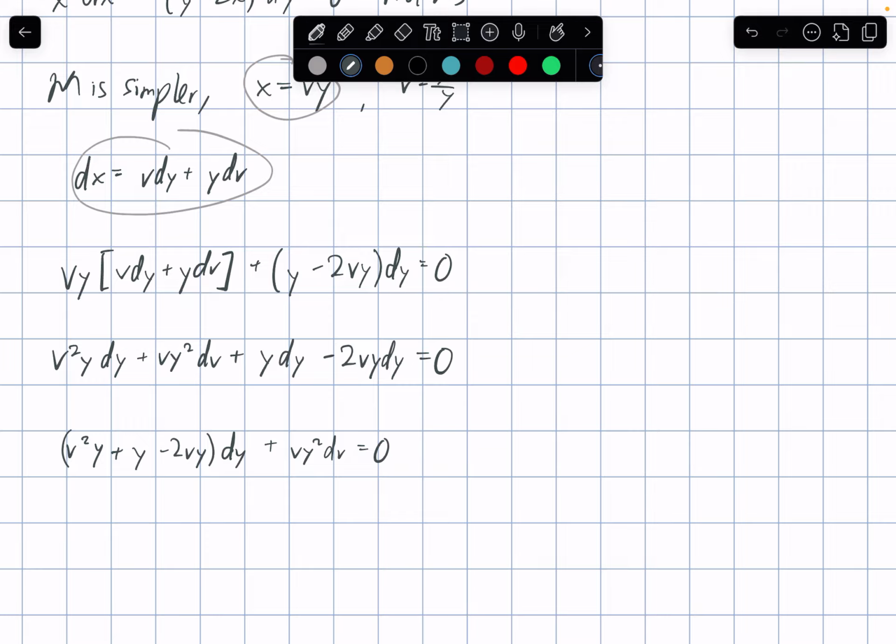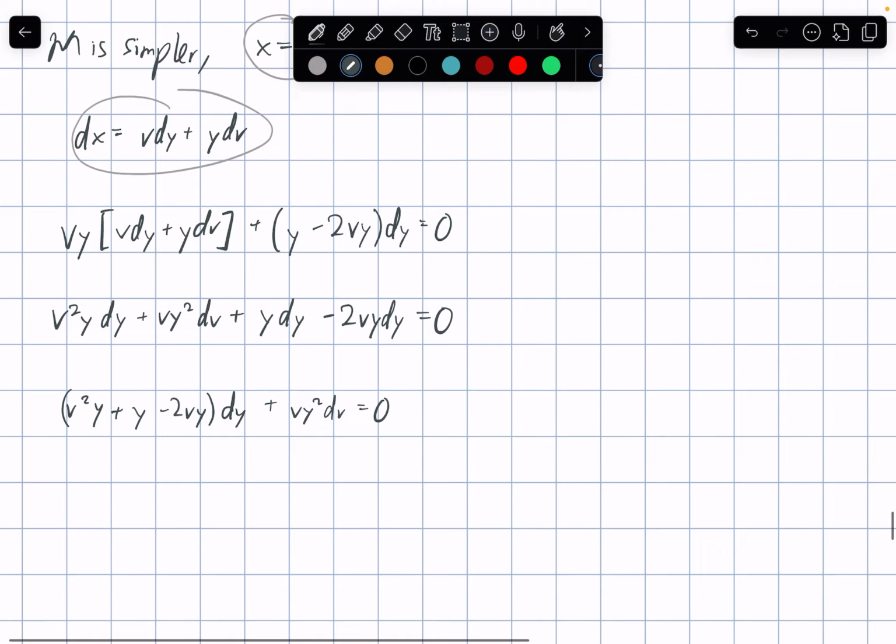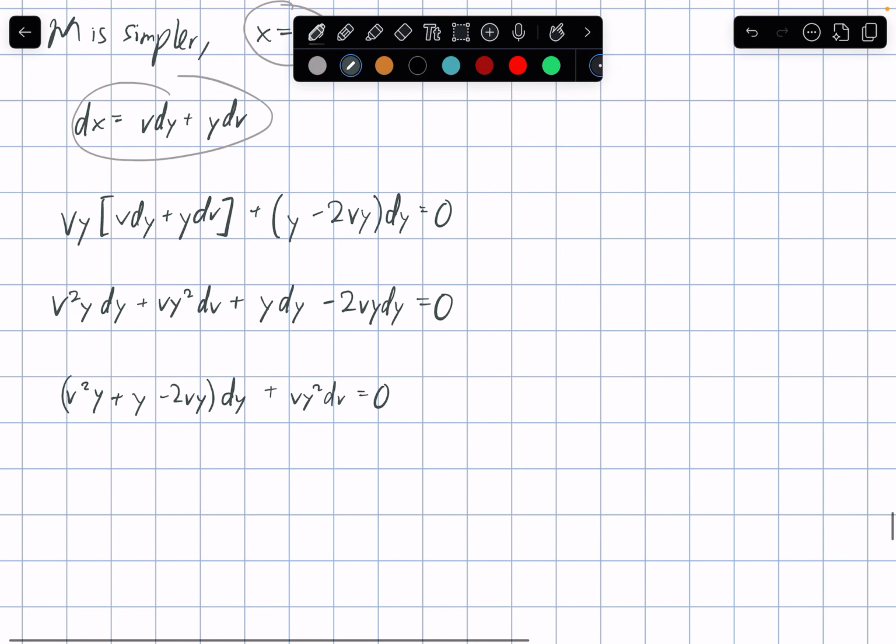So what do we do next? After substitution, you might think that we could already start integration, but it might mess up the solution because we still have to do something before that.